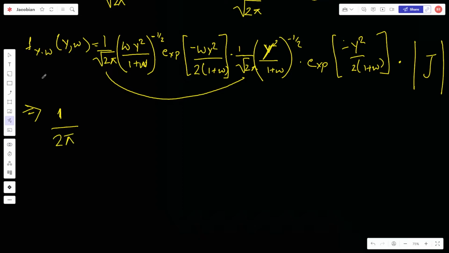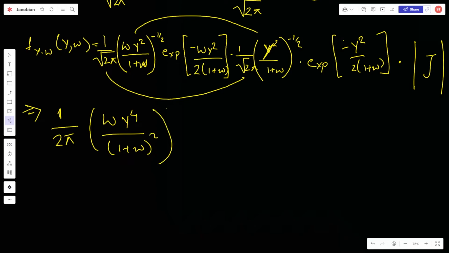And if we multiplied the remaining values, like these two, we will get w y to the 4th divided by 1 plus w squared, all raised to the negative 1/2, times 2y cubed divided by 1 plus w squared.